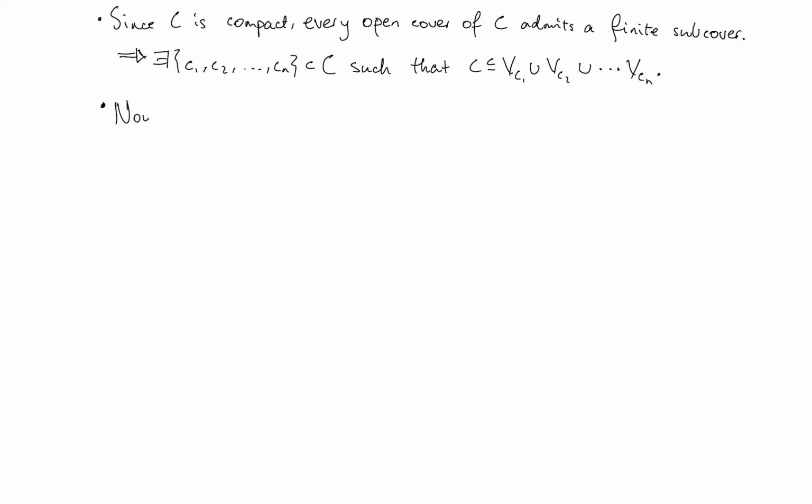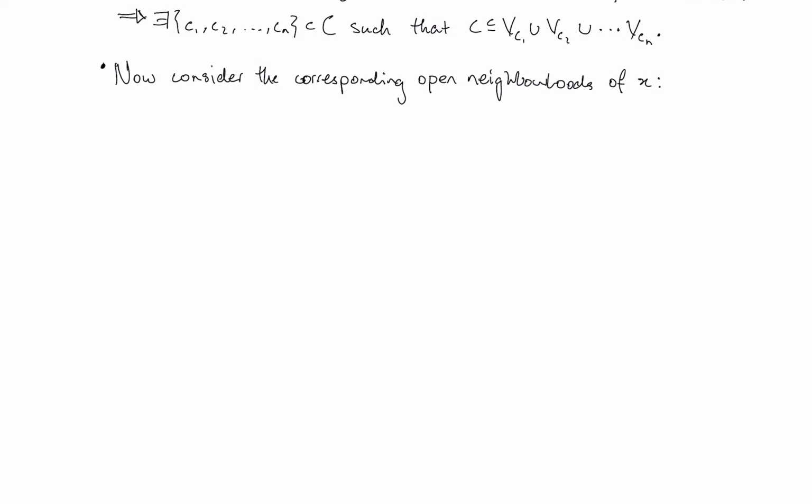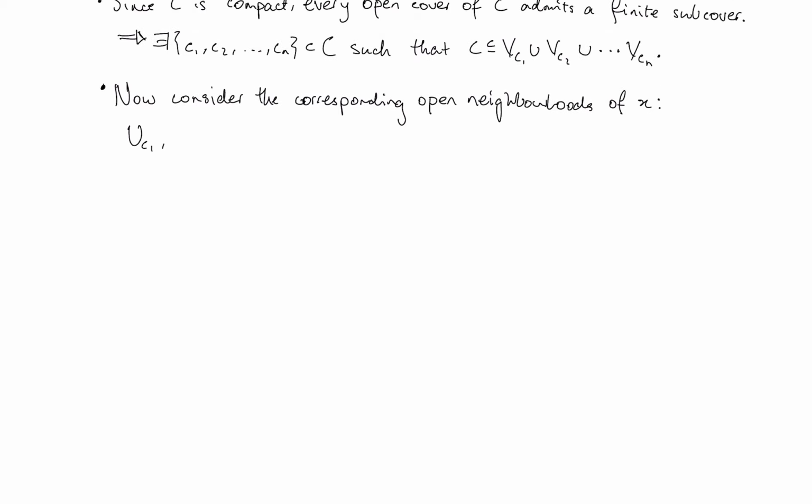So now consider the corresponding open neighborhoods of X, namely UC1, and we're using these subscripts C1, C2 to make it clear that we're corresponding with those open neighborhoods here. So UC1, UC2, all the way up to UCn.